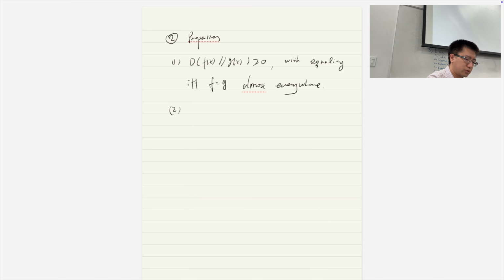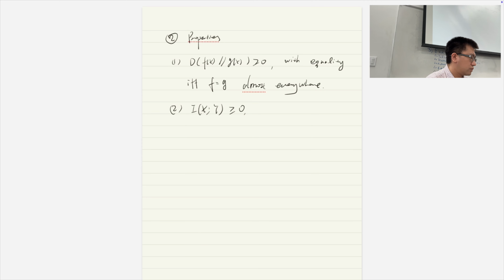The other thing is mutual information. The mutual information is bigger than or equal to 0.